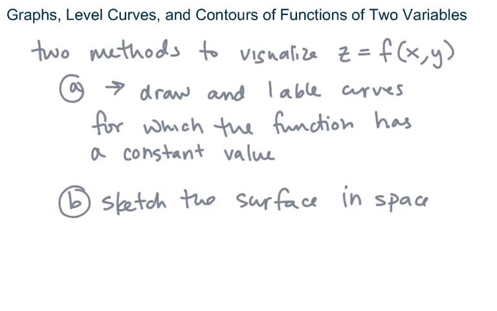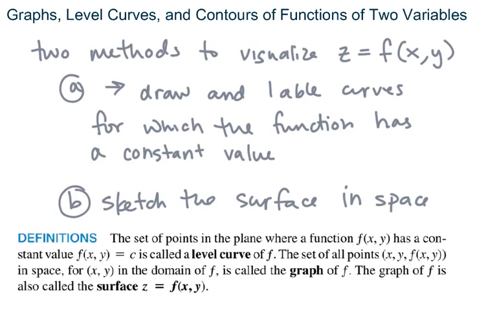So I do want to pull this definition from the book. The set of all points in a plane, z equaling some function f of x y, so this is a third variable z, has a constant value of f of x y equals c. If we create this constant value, we can let that be a level curve.